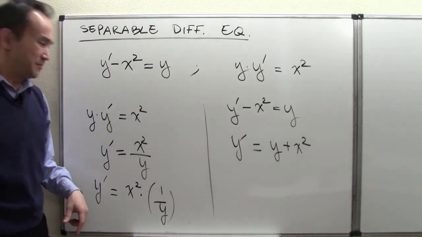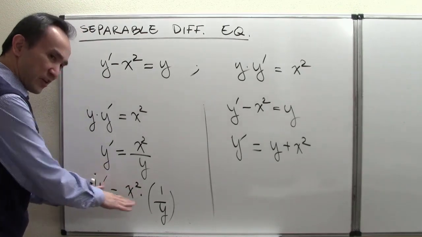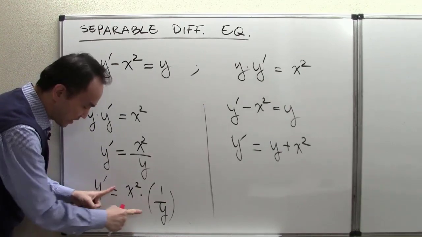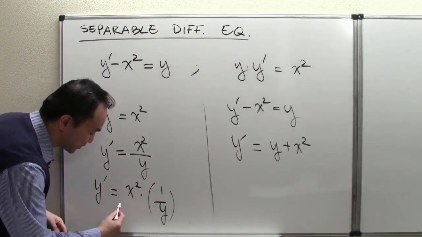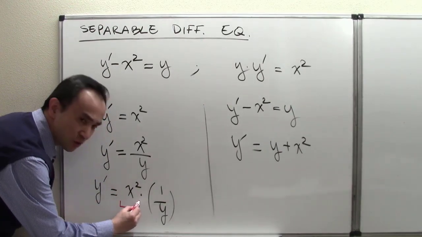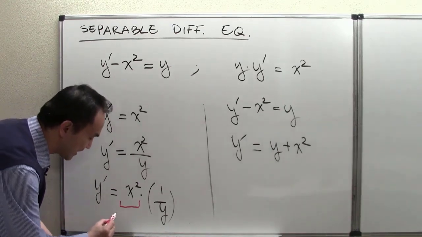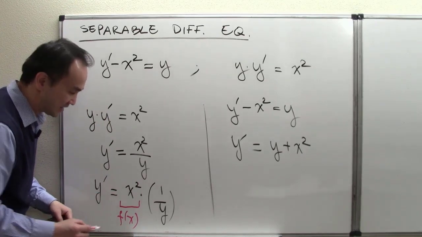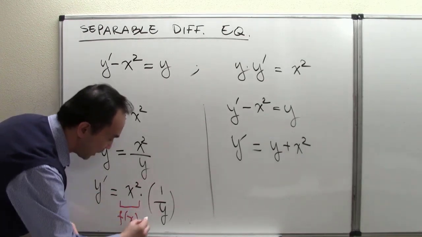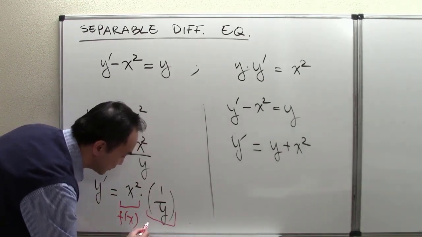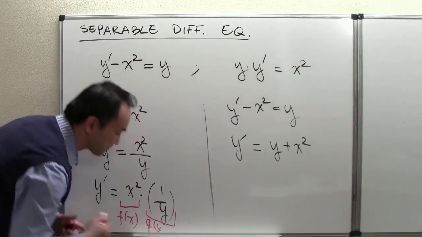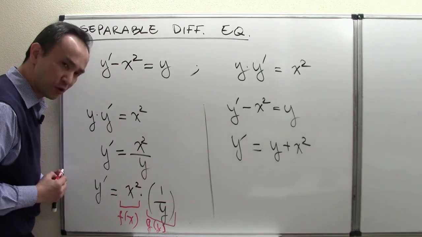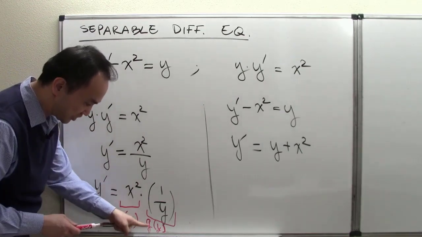Now I can purposely isolate out just that x squared, and I'm seeing that as some function f of x. And the other function, 1 over y, I can see as another function g of y.